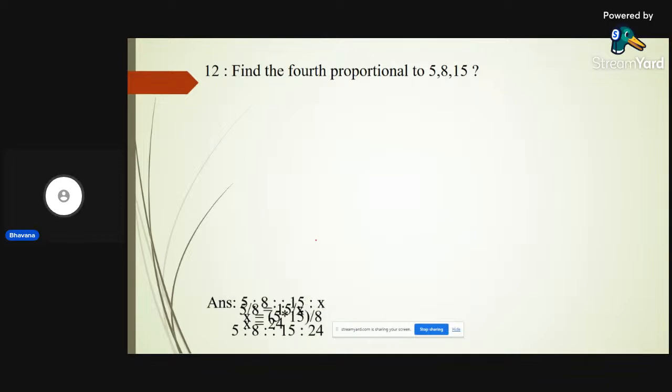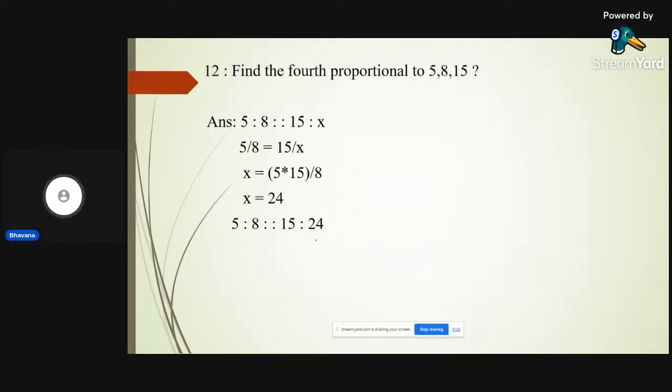So in that case, let me take it as x. Then we have to find the x value here. Same as before, 5 by 8 equals 15 by x, and just cross multiply these two.